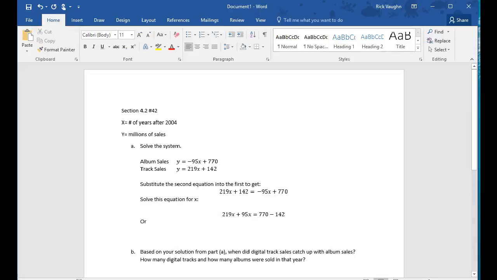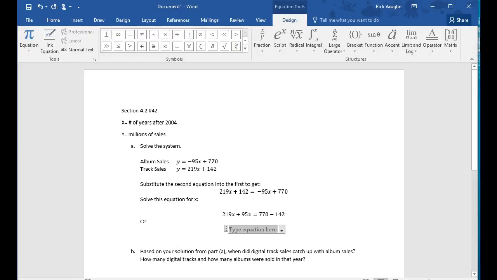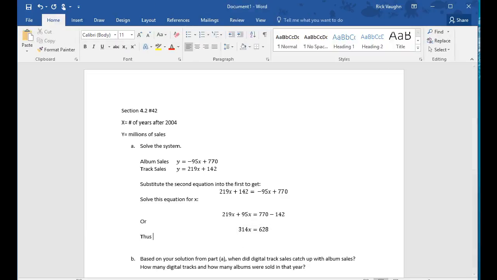Or, if I simplify that, I get, let's see, 219 plus 95 would be 214 plus 100, so 314x equals 770 minus 142, so that should be 628. Thus, we get x is equal to 2.